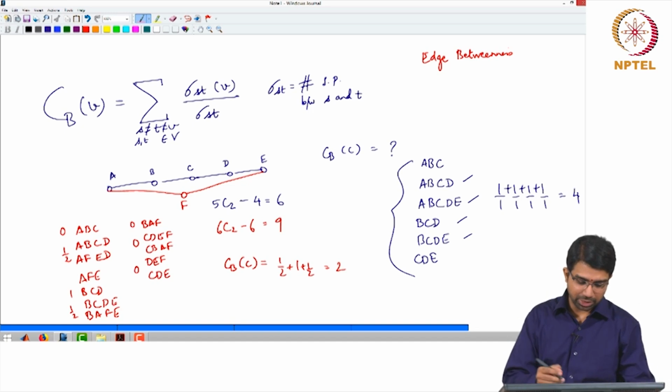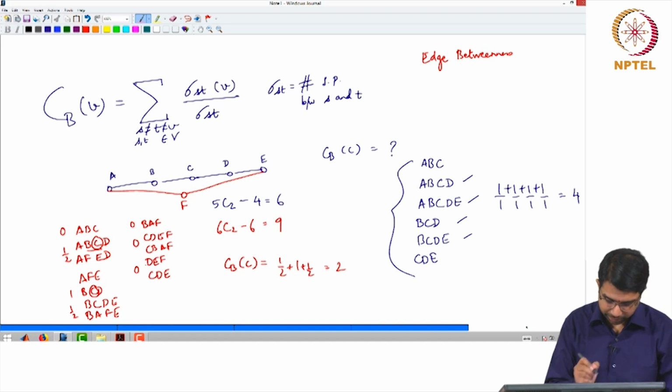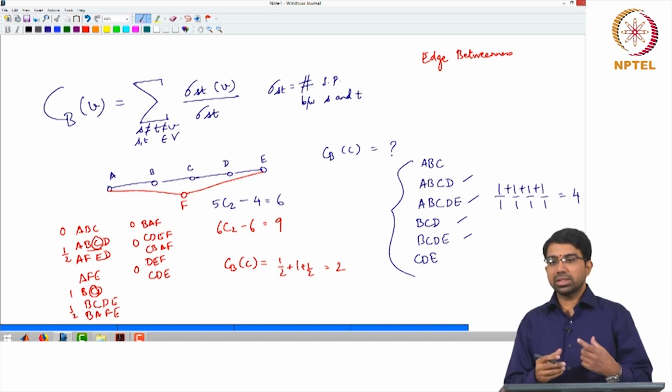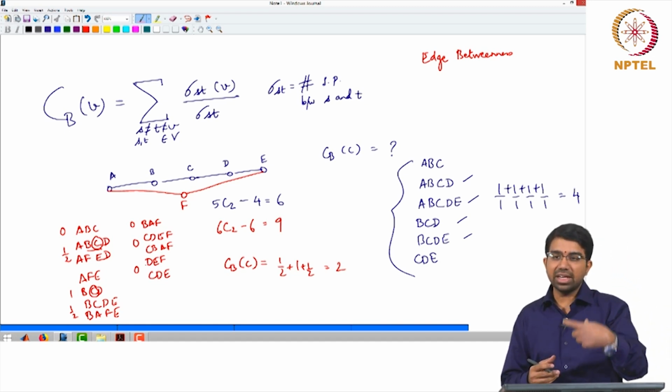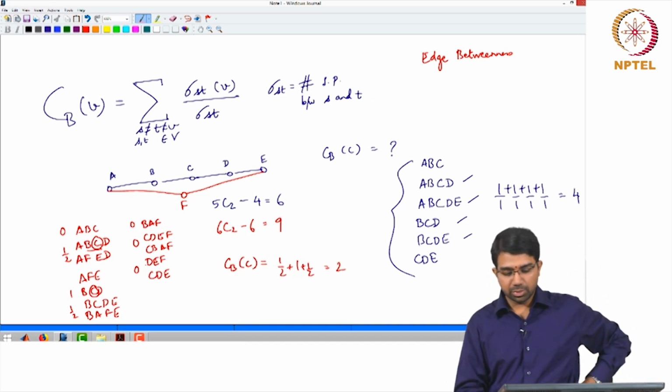You look at all the same paths, but instead of looking for C, you start looking for, say, BC or something. So BC occurs once here, only once in fact, and so on, right? So you basically look at how many times a single edge occurs on shortest paths in a given network.